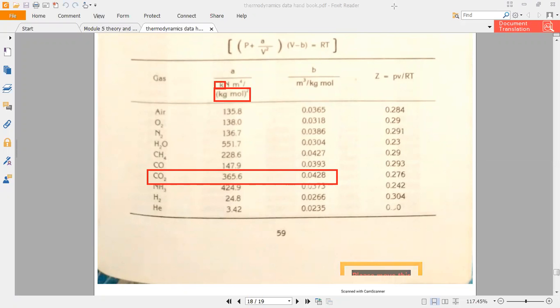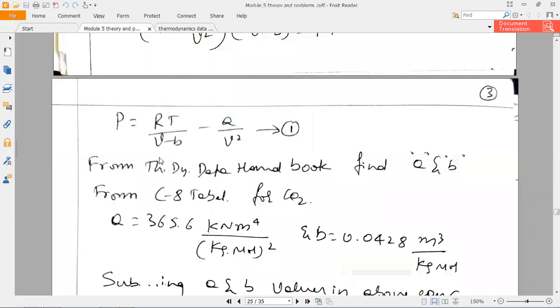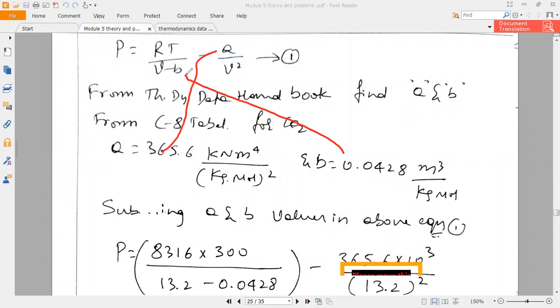That's why I converted specific volume into meter cube per kilomole. Now you take the a and b values, substitute, calculate, the T value, R value, everything we know, substitute all the values, find out the pressure.